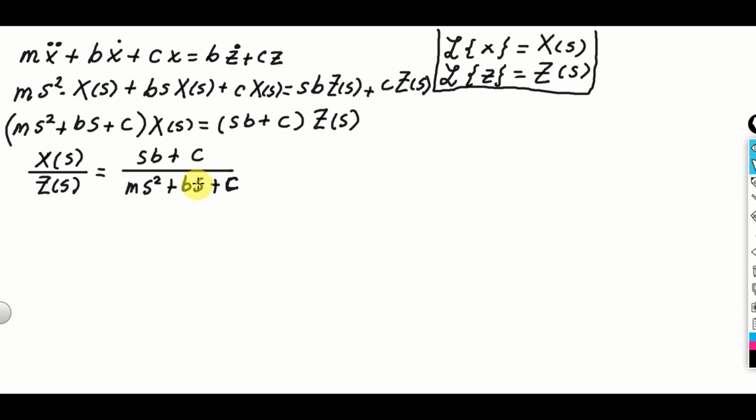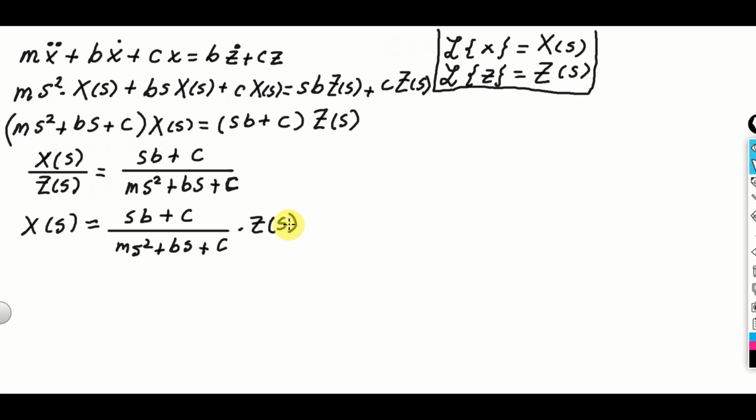For those of you who cannot see this, I will explain how to show that. Namely, from this equation, we have that X of s is equal to s b plus c over m s squared plus b s plus c, multiplying Z of s.